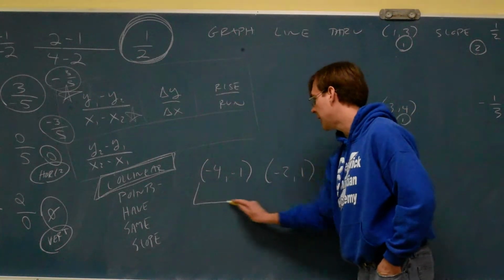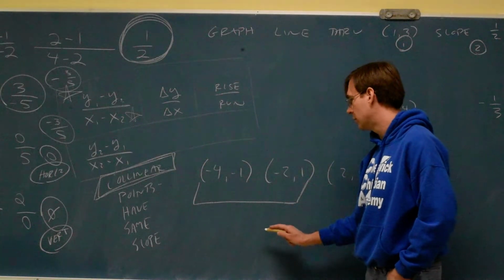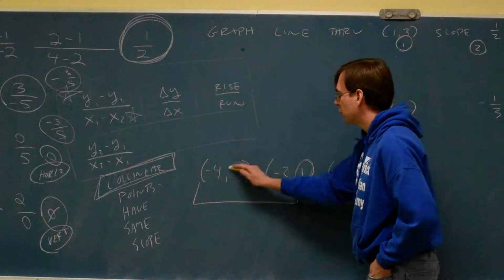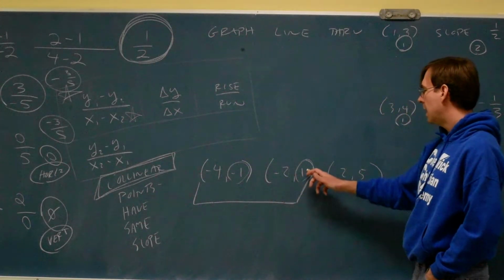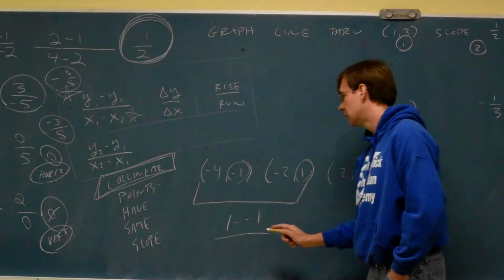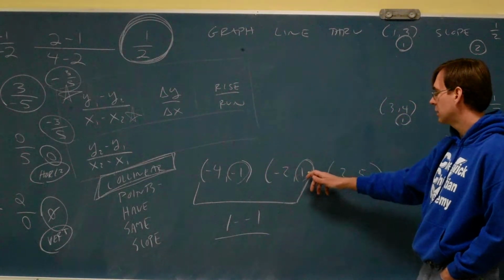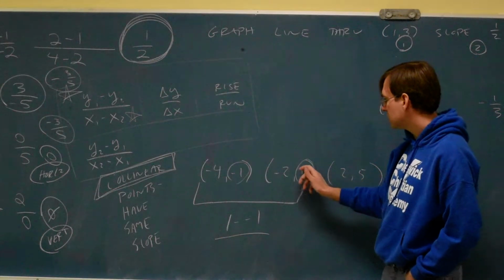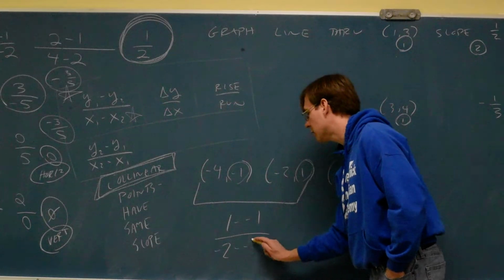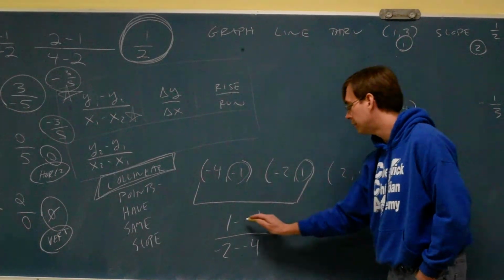So if I did these 2 points to do a slope, I would need to first start off subtracting the y's. I'd rather go 1 minus negative 1. Little minus minus makes plus action. If I'm going to do this minus that, then I'm going to have to go negative 2 first minus negative 4.